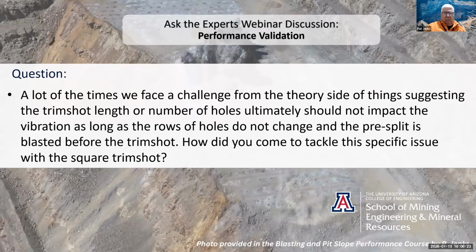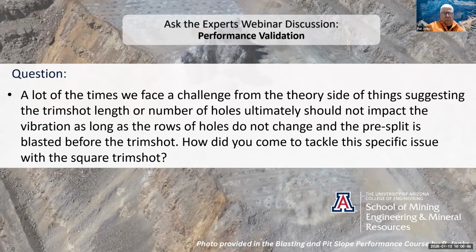It's Bill here. If I could just comment from sitting on geotech review boards, which is what I still do, many times we hear the theory that you can have as many rows as you like, and it won't modify the control of the vibration at the wall.